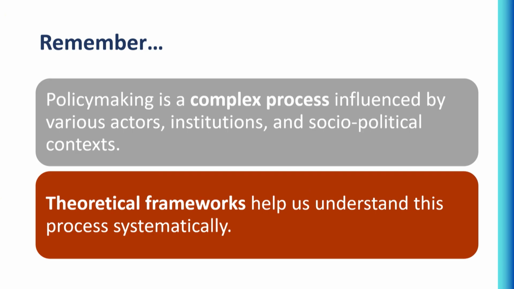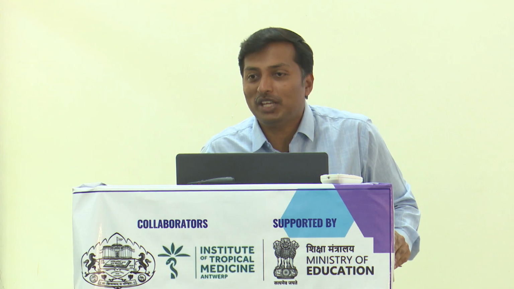Now remember, policy making is a complex process, influenced by various actors, institutions, and socio-political context. That's why theoretical frameworks help us to understand the process systematically. We need to have some kind of a framework. There has to be some theory, because it might look simple.